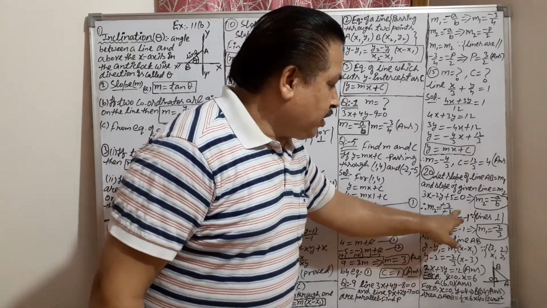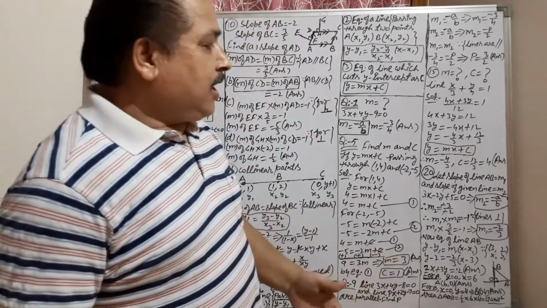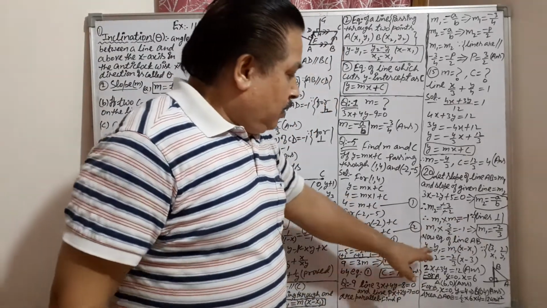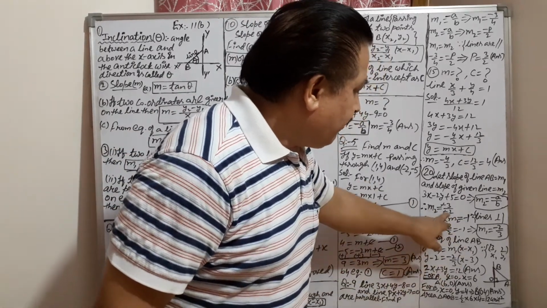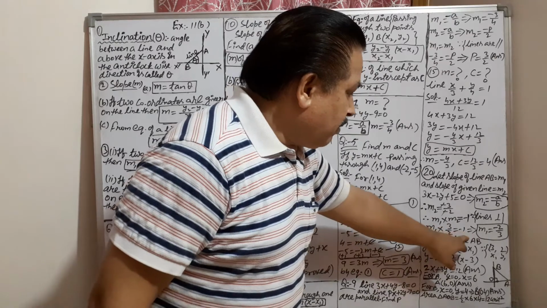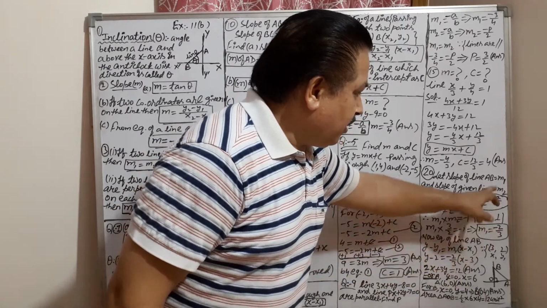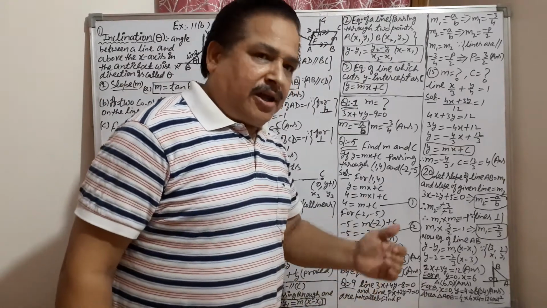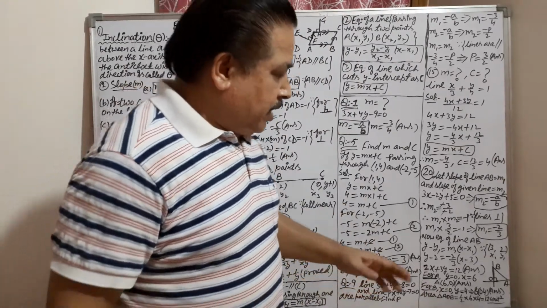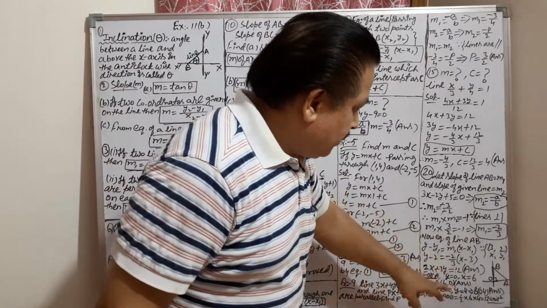So m2 will come out as 3 by 2. Now both the lines are given as perpendicular. Now the product of slopes, m1 into m2, equals minus 1. Putting the value of m2, m1 will come out as minus 2 by 3. So it is the slope of line AB, which is the line whose equation we are finding.